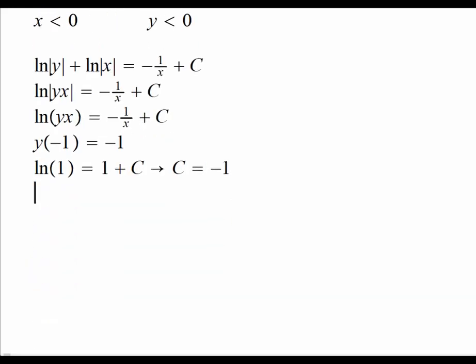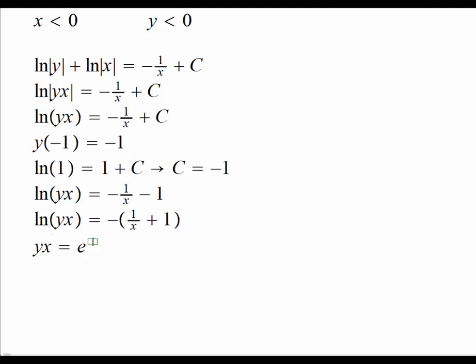Okay. All right. So this becomes -1, or in other words, let's take a negative out as a common factor. So we get 1 over x plus 1 here, and then we have xy or yx equals e to the power this value.